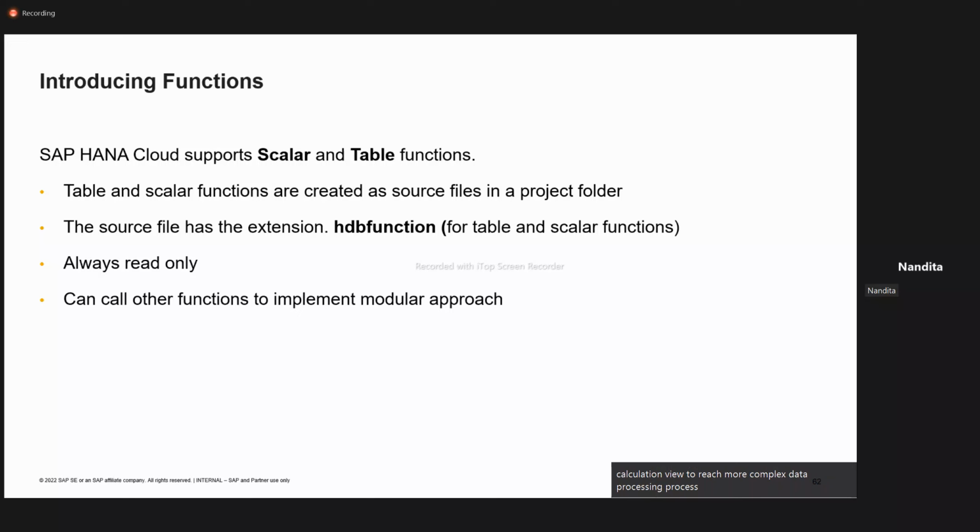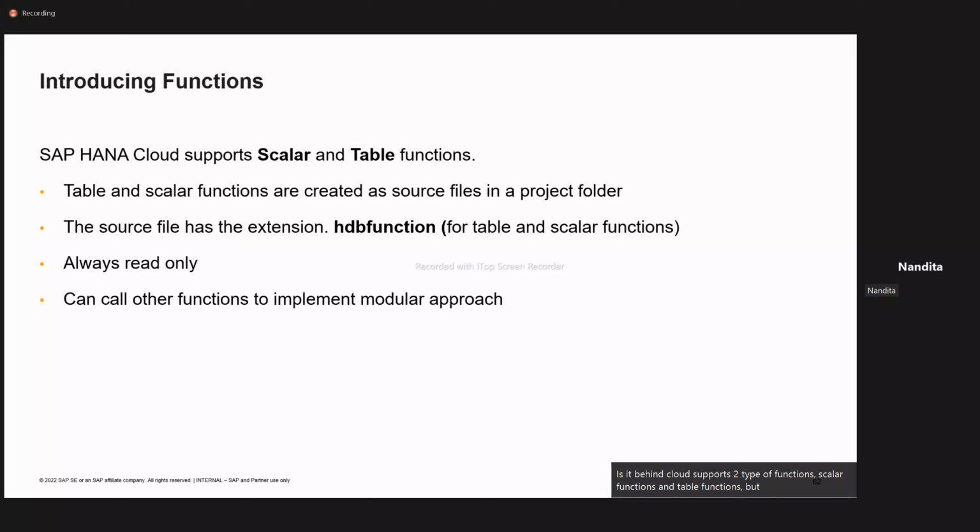Functions are written in SQL script language using source files. After a successful deployment, a runtime object is generated from the source file. When executed, a function always runs in the in-memory SAP HANA Cloud database, and so performance is always optimized. SAP HANA Cloud supports two types of functions, scalar functions and table functions.